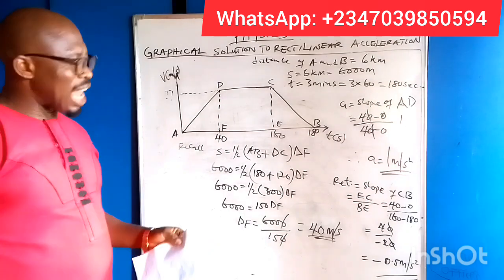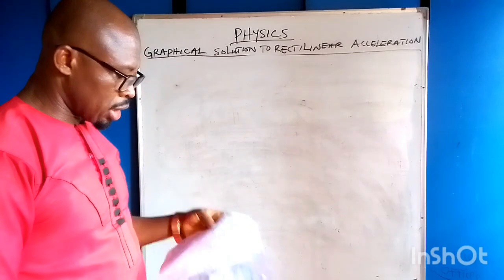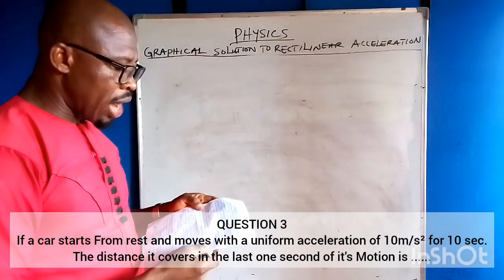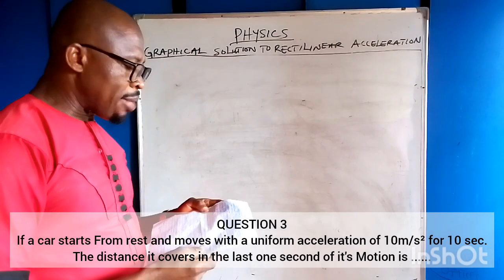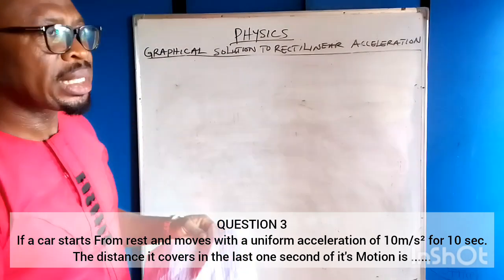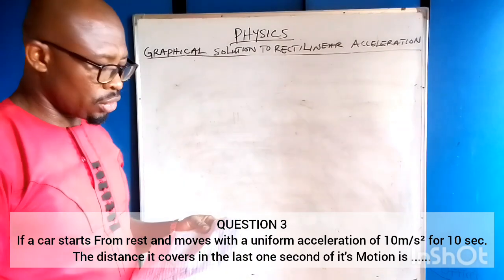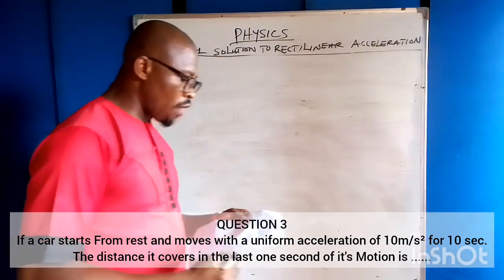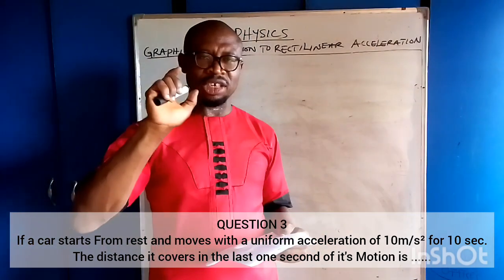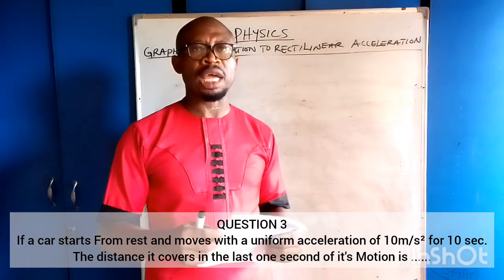Okay, now we'll move to the next question. The question says, if a car starts from rest and moves with a uniform acceleration of 10 meters per second squared for 10 seconds, the distance it covers in the last 1 second of its motion is dash.